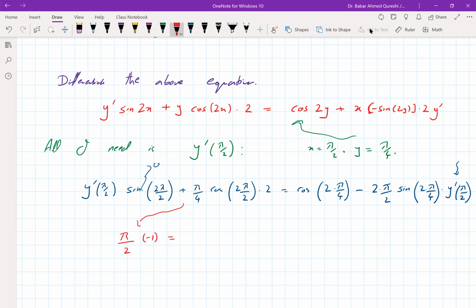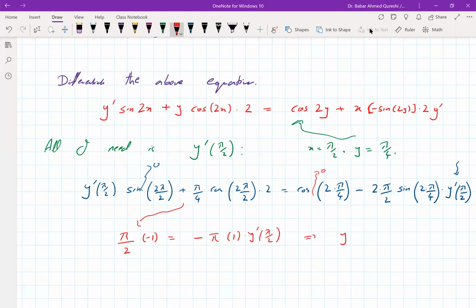And over here, I have a cosine of pi by 2, which is 0. And over here, I get minus pi and sine of pi by 2, which is 1, times y dash of pi by 2.